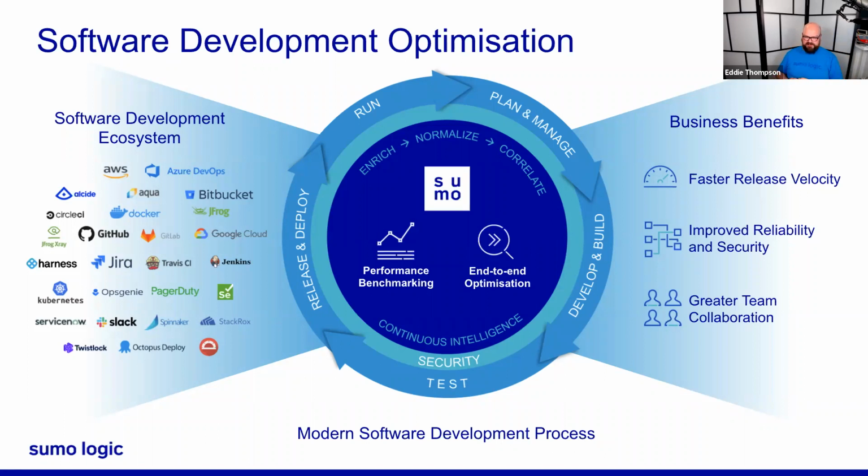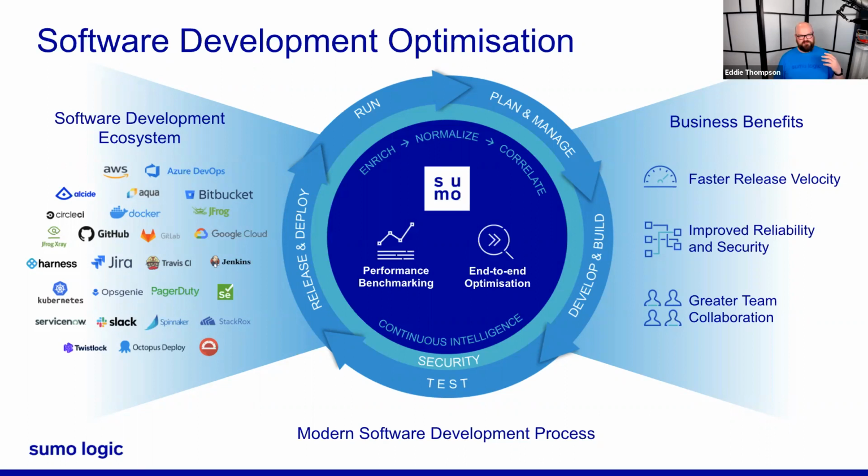Because of this breadth of tooling and various pieces of software throughout this ecosystem, it's very hard to get a clear view of what is actually happening across your entire environment.